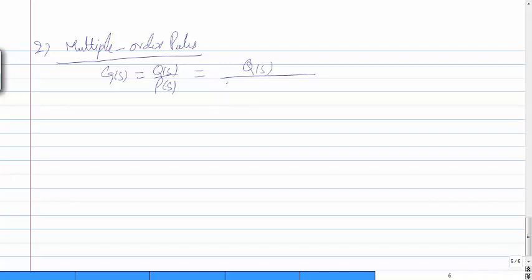For example, we have s plus s1 and we have s plus s2 to the power 2. So this is a repeating case. In partial fraction you write it similarly: k1 over s plus s1, calculated the same way as the previous case, but for the repeating root you have to represent it with separate coefficients, so I take a1 over s plus s2 and a2 over s plus s2 whole squared.